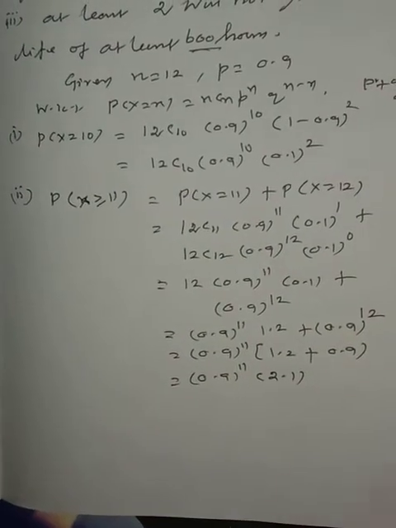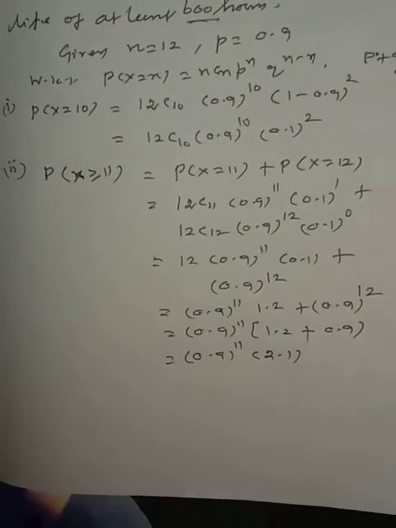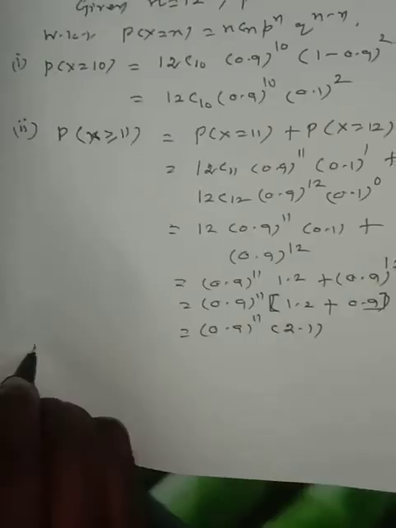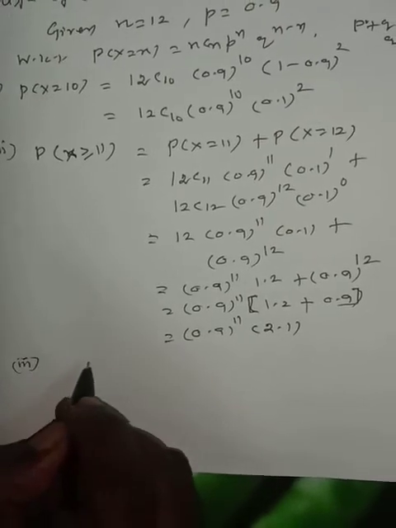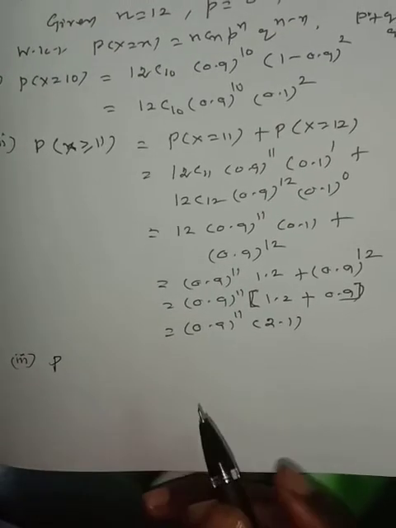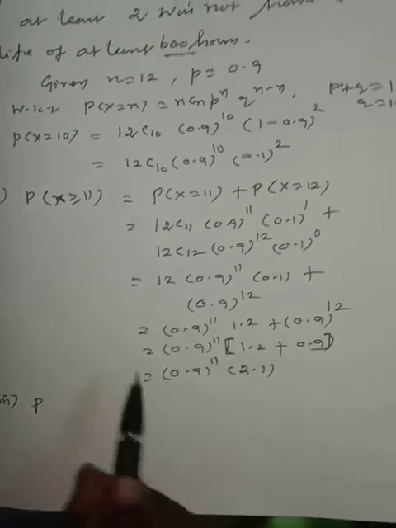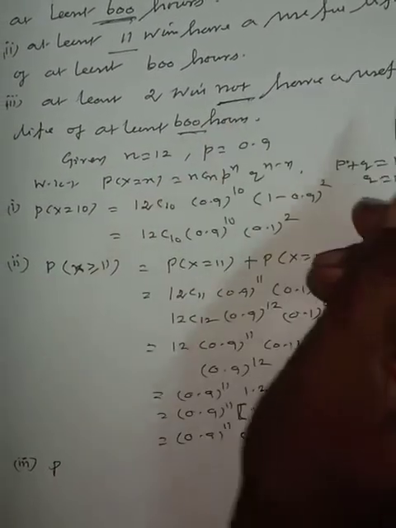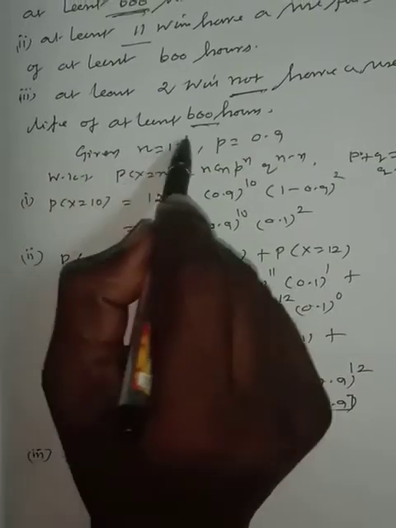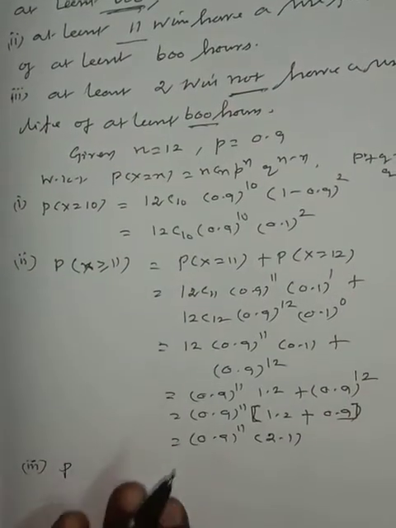Next, solution number 3. Probability that at least 2 will not have the useful life of at least 600 hours.